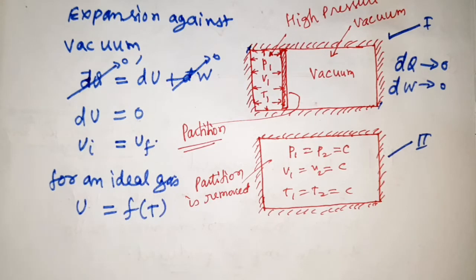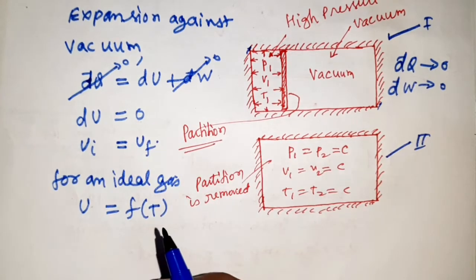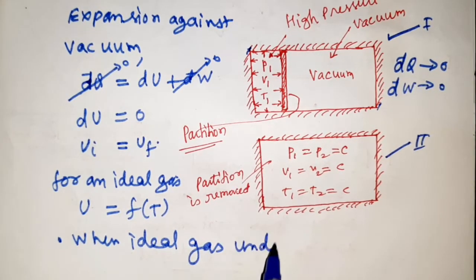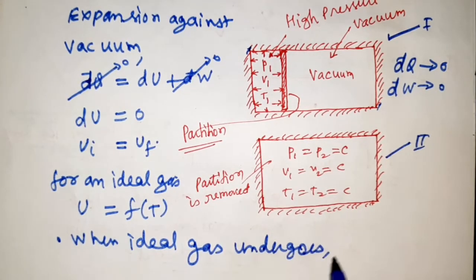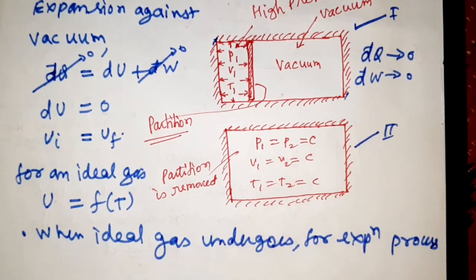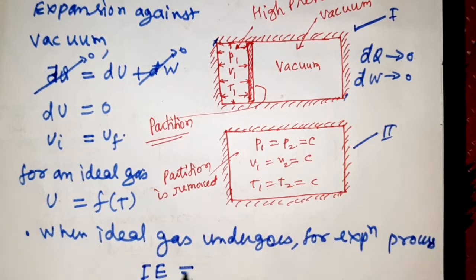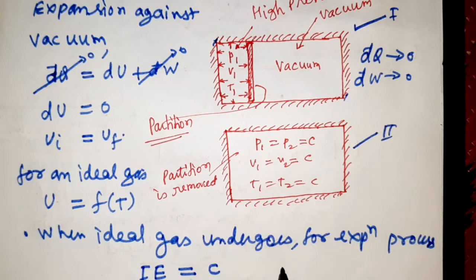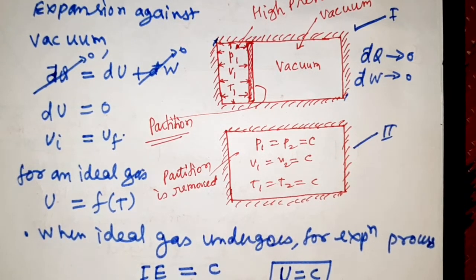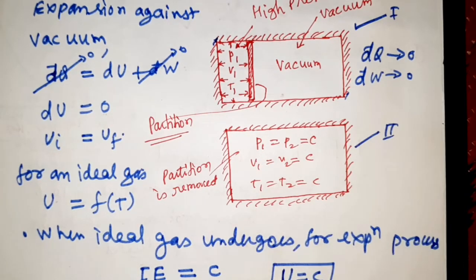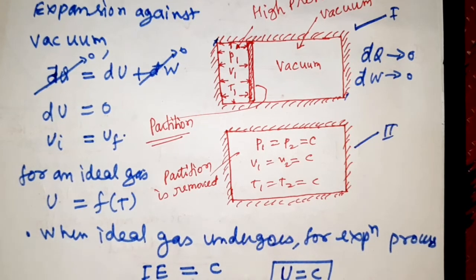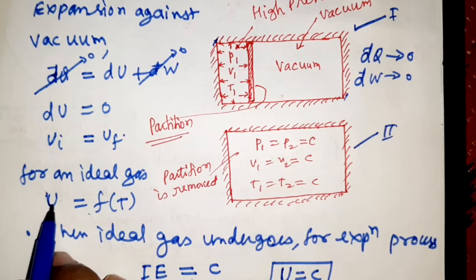So when an ideal gas undergoes an expansion process, the internal energy will be constant, or we can say U is equal to C. Here potential energy is neglected, and change in kinetic energy is neglected, then we can say U is equal to C. So here we can say temperature is also constant, because internal energy is a function of temperature only.